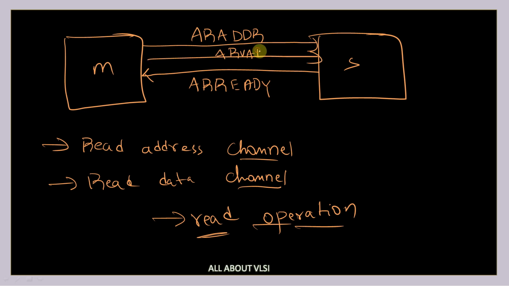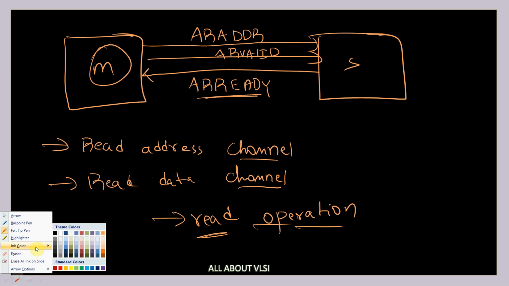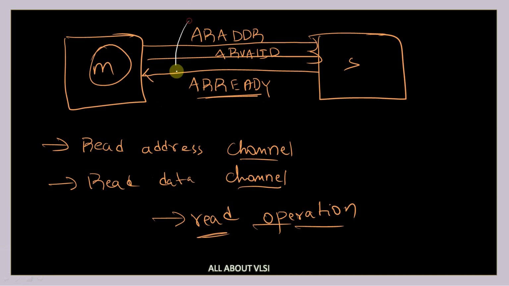Here your AR ready signal can be made 1 before the master asserts AR valid. This is my read address channel.